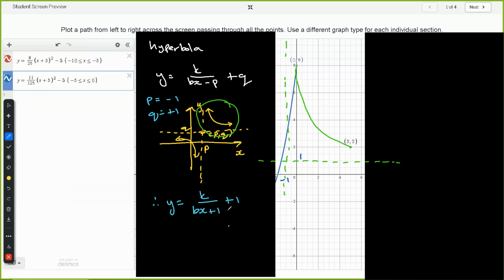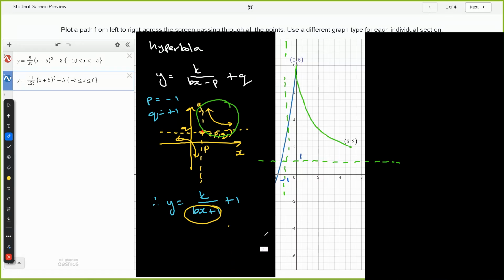Now, technically, 1 over b is actually my asymptote, because if I take this bx plus 1 and I make it equal to 0, then bx is equal to -1, and so x will equal -1 over b. In other words, p over b is actually going to be my asymptote.